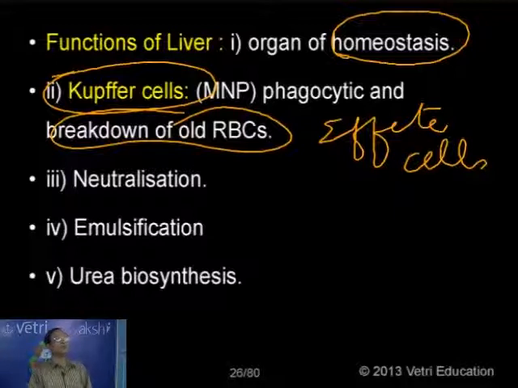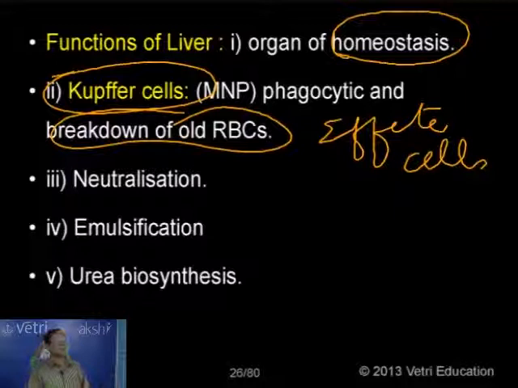It is to be neutralized, because the enzymes from the pancreas and the intestinal juice work well in an alkaline pH of more or less 7 to 8, or 7.8, we can say. So the medium in the duodenum has to be converted to alkaline. That is brought about by the liver, and that phenomenon is called neutralization, because the bile contains sodium bicarbonate. The bicarbonate is used to neutralize the acidity of the food that is coming from the stomach.